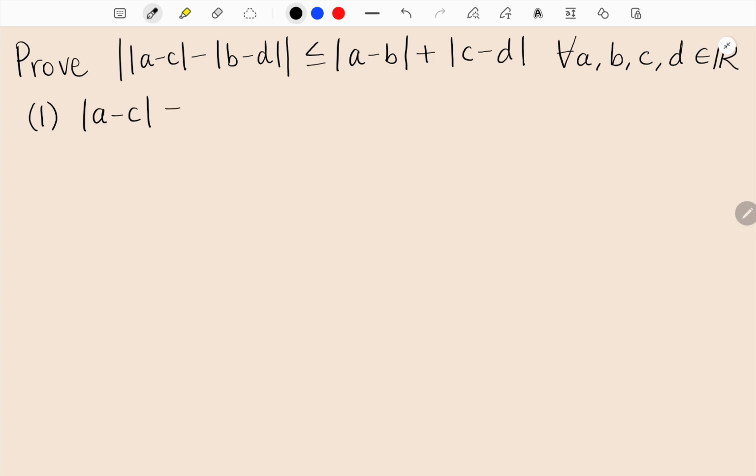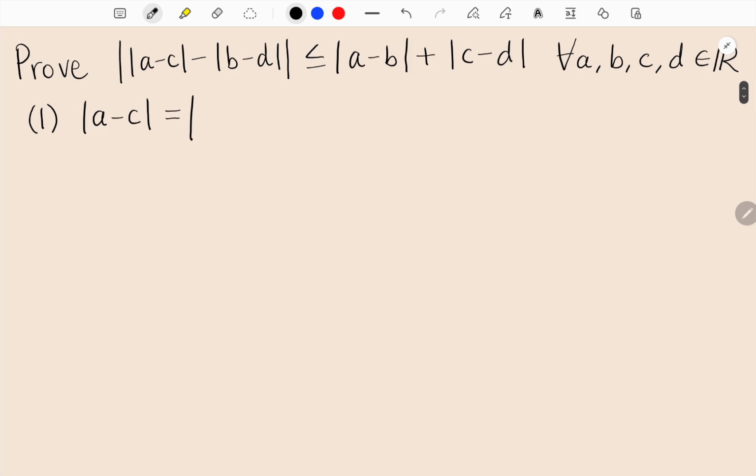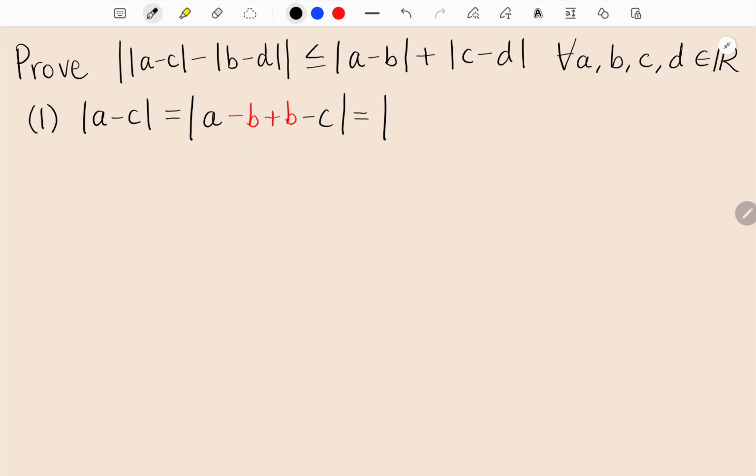Instead of just a minus c, I'm going to subtract and add b. So I have a minus b and then plus b. This does not change the value of the absolute value of a minus c, because the negative b and positive b cancel out. But I'm just going to group them in a specific way.